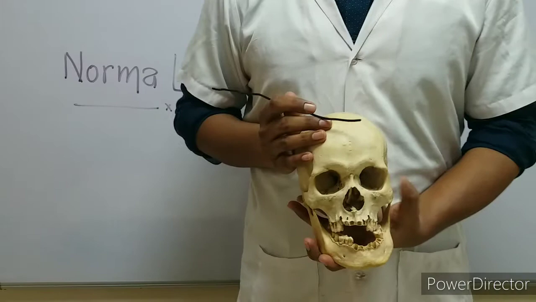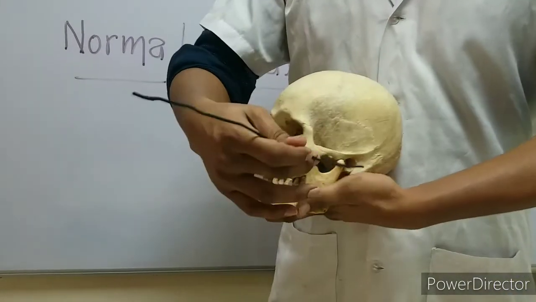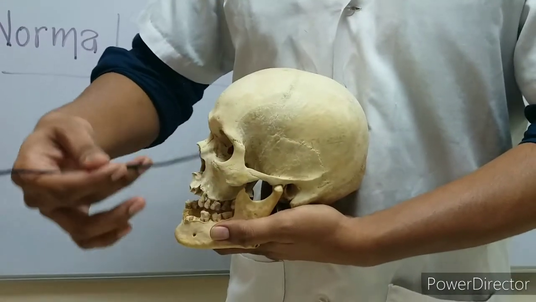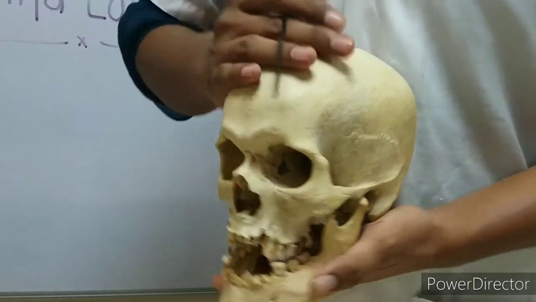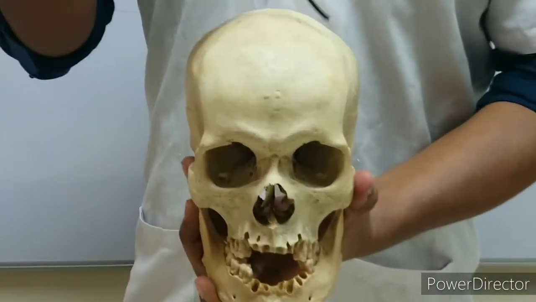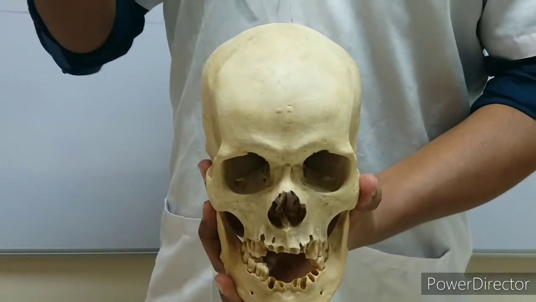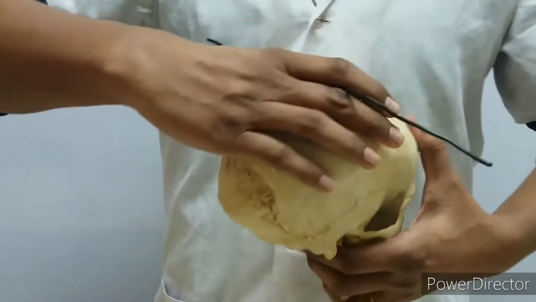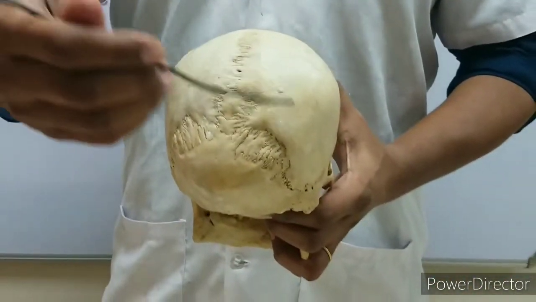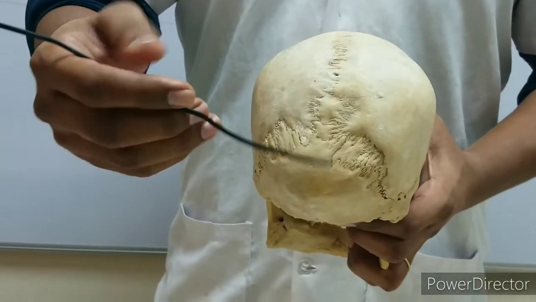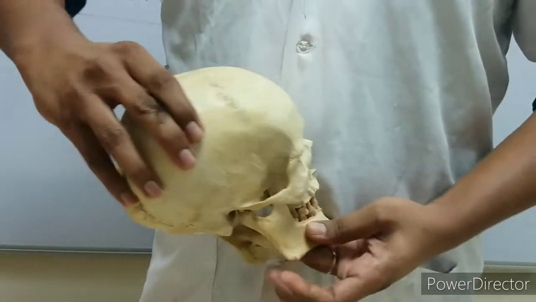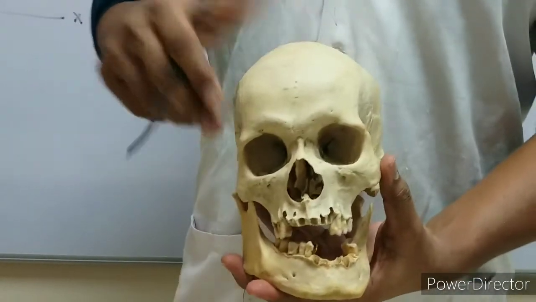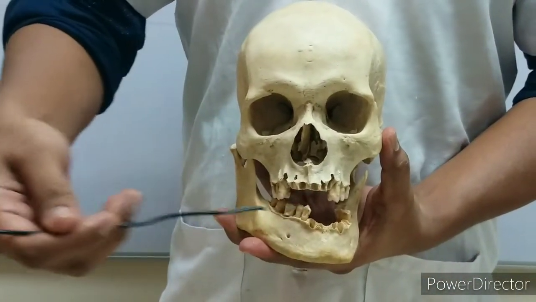Okay, today we will see the norma lateralis from the lateral aspect of the skull. So up to now we have covered norma verticalis from the superior aspect, norma occipitalis from the posterior aspect, and norma frontalis from the anterior aspect.